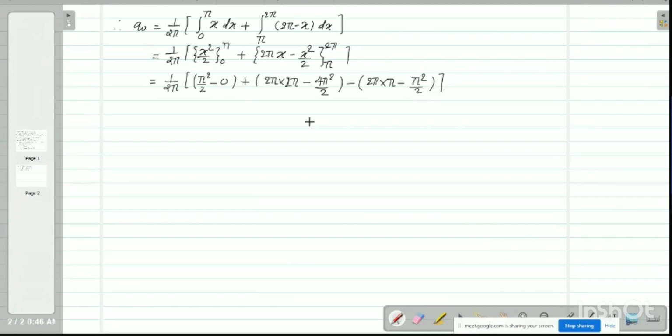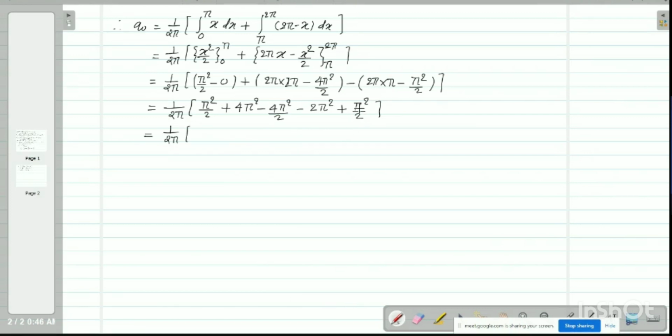Close the bracket. Now simplify. This is 1 upon 2 pi, pi square by 2 plus 4 pi square minus 4 pi square by 2 minus 2 pi square plus pi square by 2.